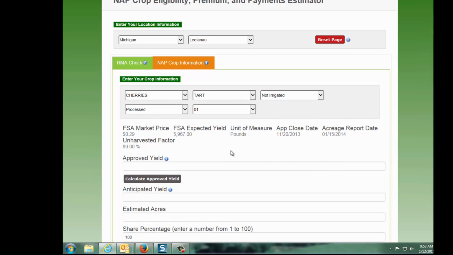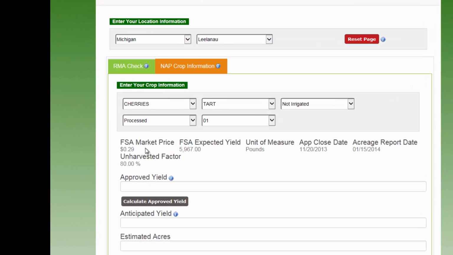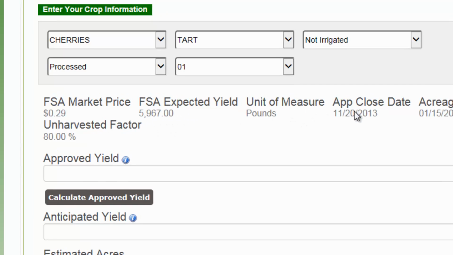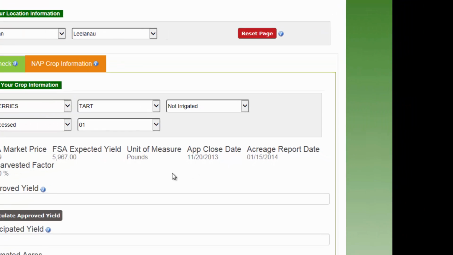What shows up next is some of the information you need to help make this decision. The FSA market price is 29 cents. That's set. That's what it will be as we go through. We have the Farm Service Agency's expected yield for that county, which is 5,967 pounds per acre. These dates over here are for the 2014 crop, which is the example in here, but this will still get you very close to the information you need for this year's.